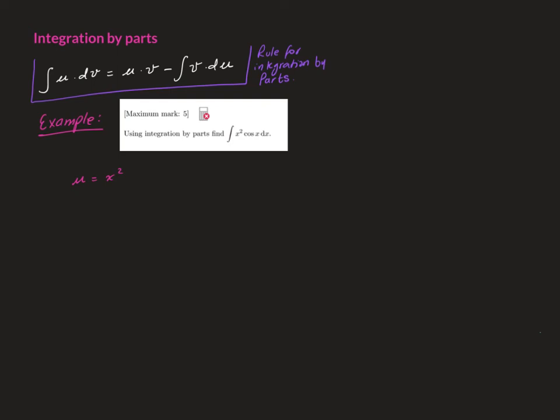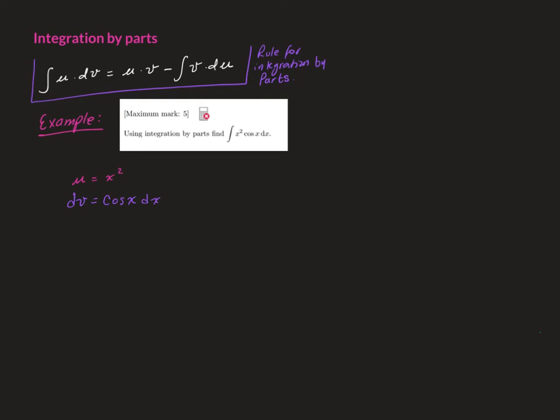The function x squared is not very comfortable for us in this integral. I know that it's going to be differentiated on the right hand side, so I prefer to lose 1 degree of this polynomial, so I'm going to call u as x squared. And so I'm going to call dv as cosine of x dx.